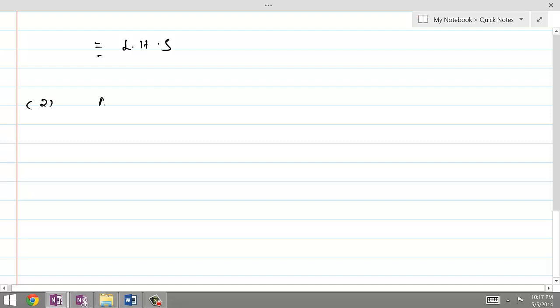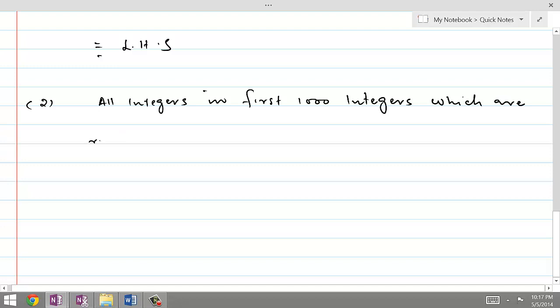All integers in the first 1000 integers which are neither divisible by 2 nor by 5 are here.